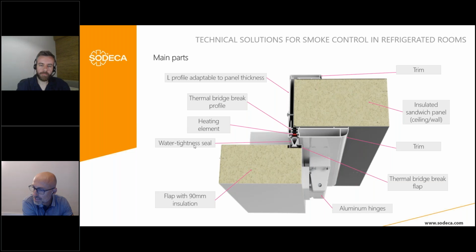This is the water tightness seal with double camera, the L profile to cover the hole in the panel, and the trim to be installed over. The one that you are seeing is this one. And these are the aluminum hinges.